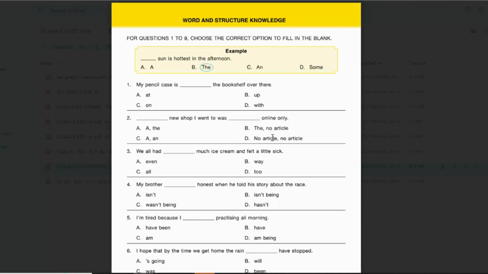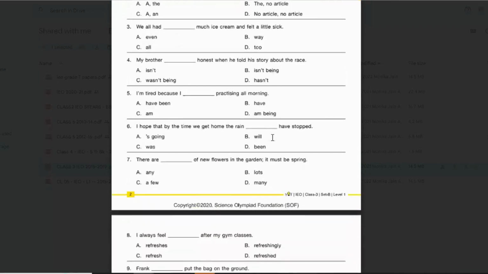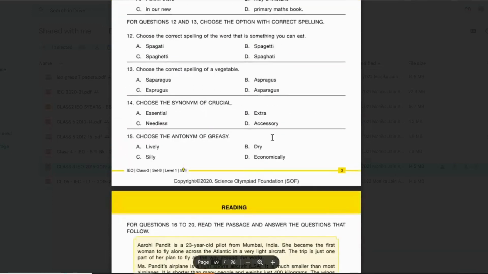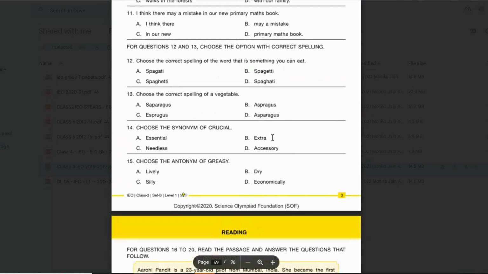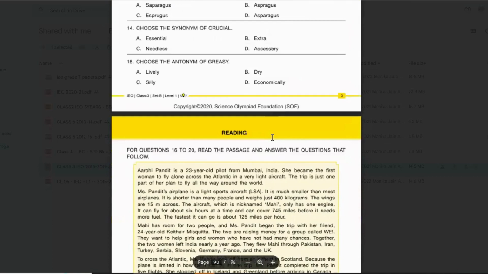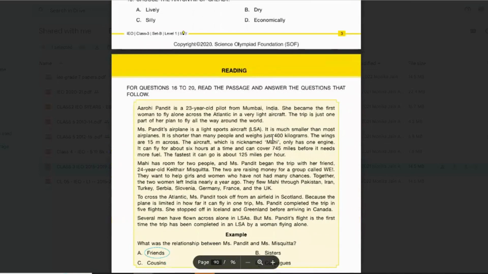Then in the second section, we'll be given a passage. It will be like reading a passage and answering the questions that are asked. Sometimes you'll get one passage, sometimes two.